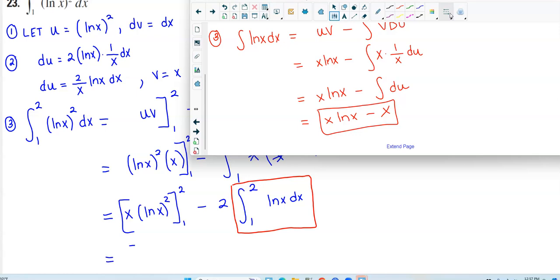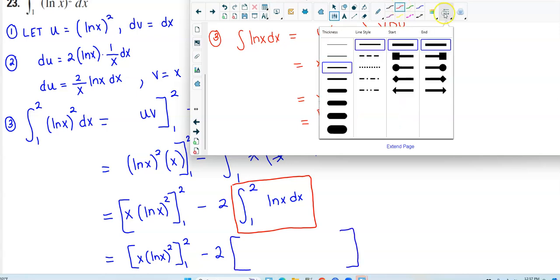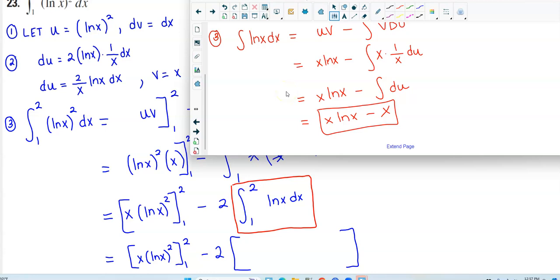So we have, again, x times the natural log of x squared going from 1 to 2 minus 2 times x times the natural log of x minus x going from 1 to 2.